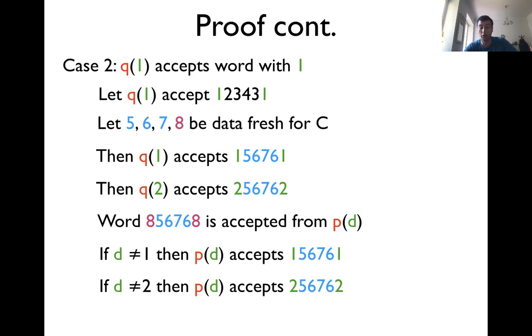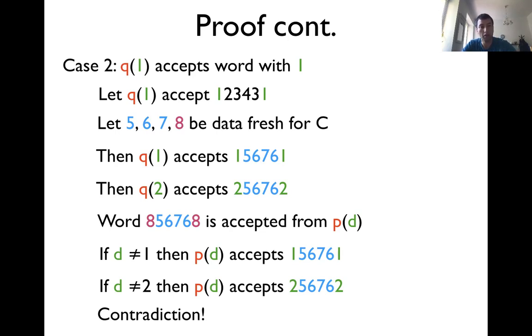So anyway, we have a contradiction with unambiguity. And you can see this kind of argument can be generalized, and so this shows that in every reachable configuration, every location can be present with at most one data value.